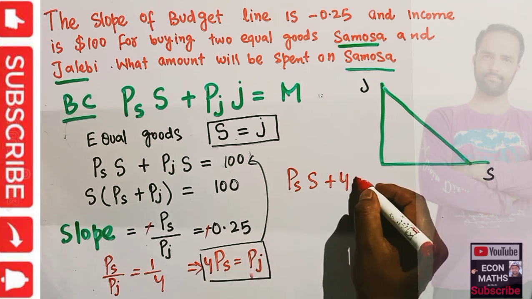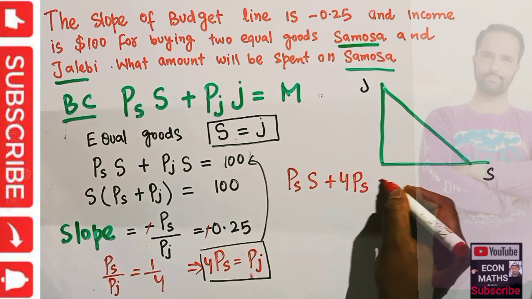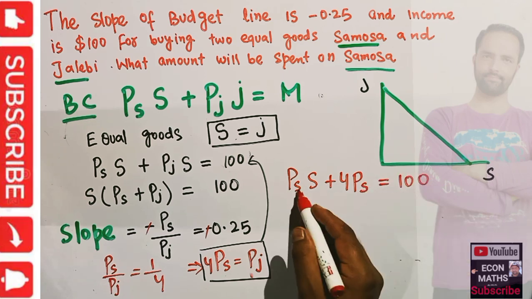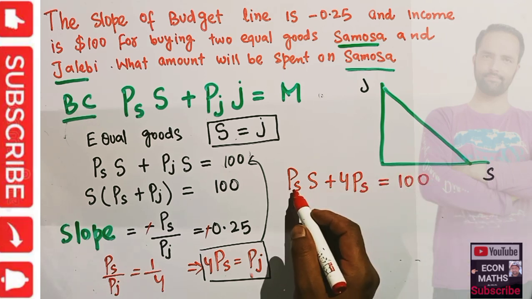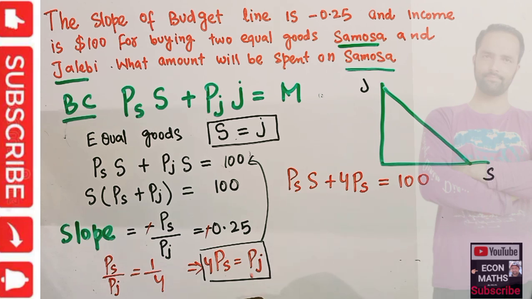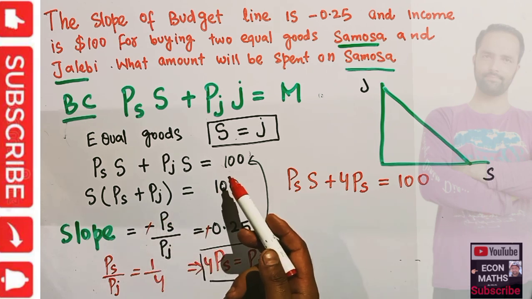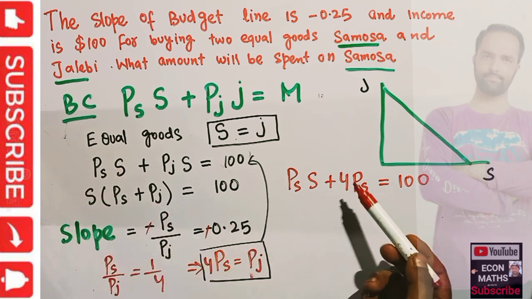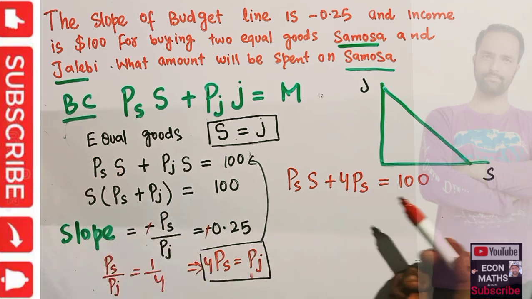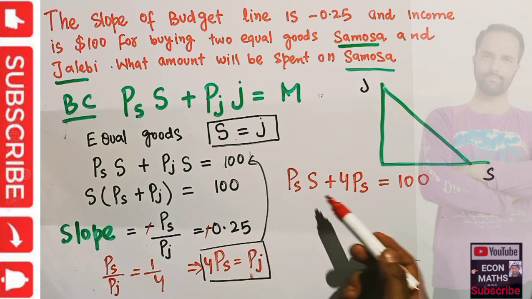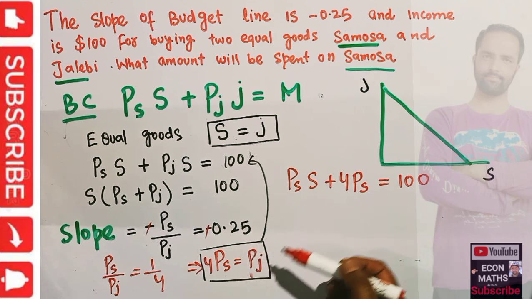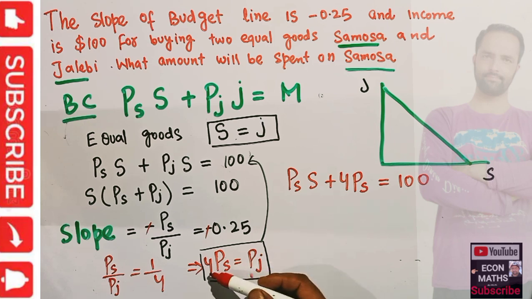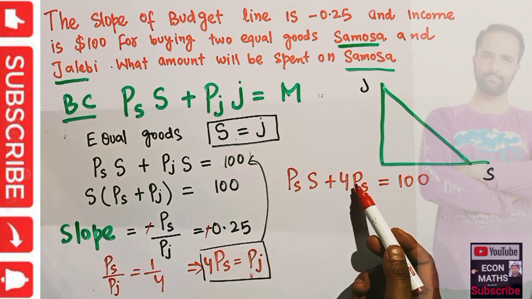Okay, so 4 times PS, price of samosa should be equal to 100. Let me see what I have done here. So price of samosa into units of samosa plus, yes, it's perfectly correct. So price of jalebi is equal to 4 times price of samosa.